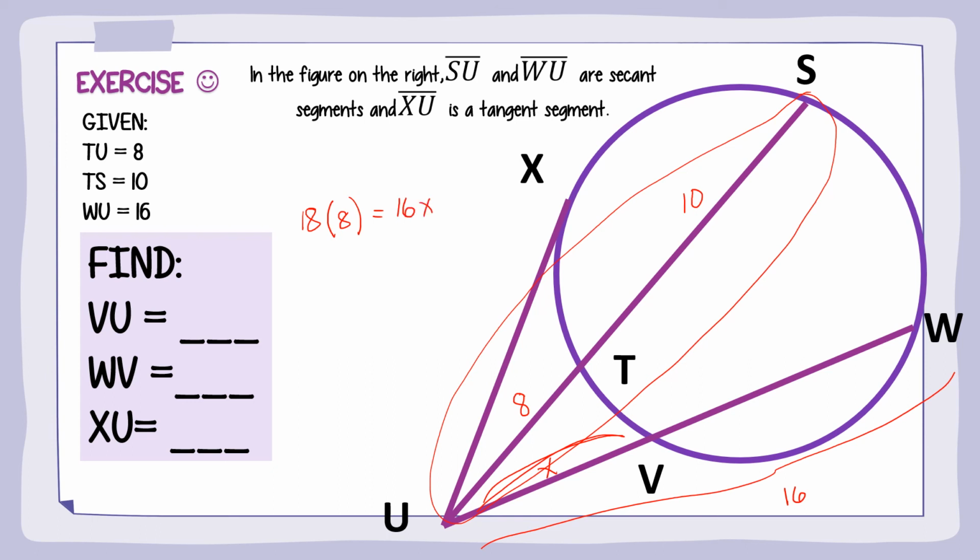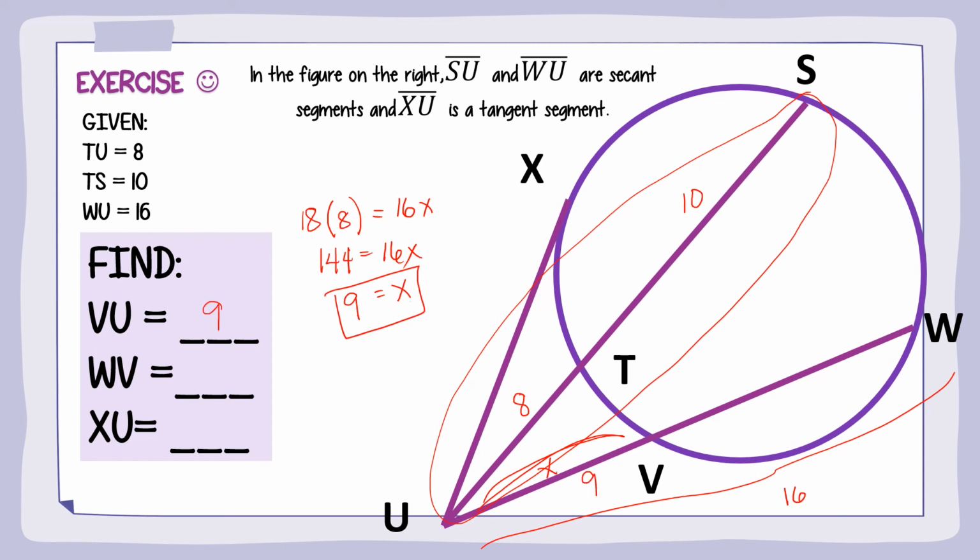Okay, nakuha yan. So, we have 18 times 8, 144, equal to 16x. Dividing both sides by 16, we have x equals 9 units. So, this is 9.